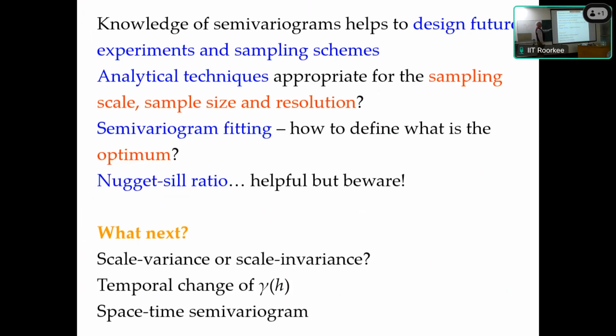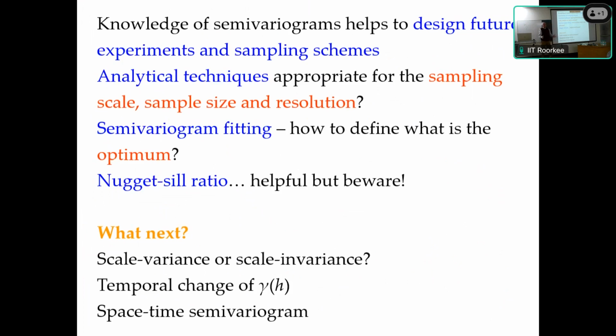So, here some final remarks. Knowledge of semivariograms helps to design future experiments and sampling schemes. Analytical techniques that are appropriate for the sampling scale, sample size, and resolution can be chosen and evaluated with the semivariogram. Is the device appropriate? Can we still go to a smaller scale?